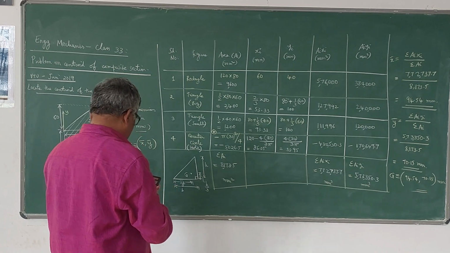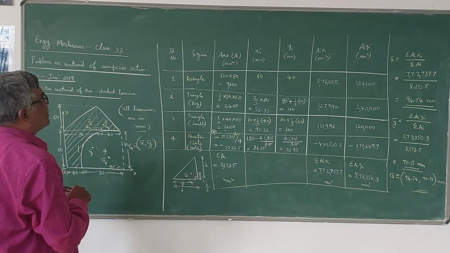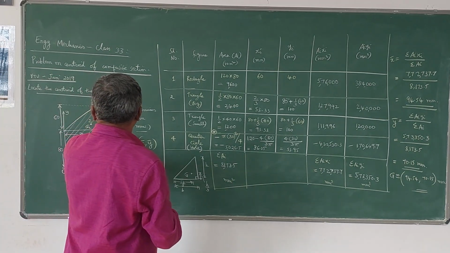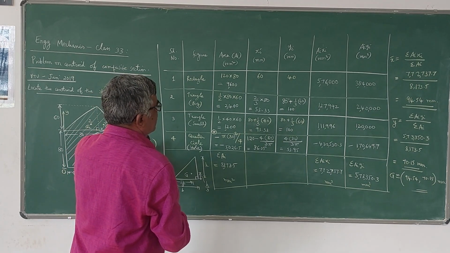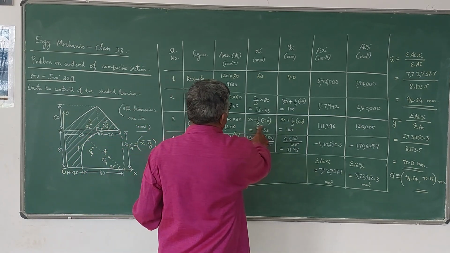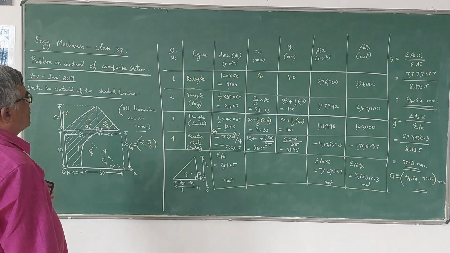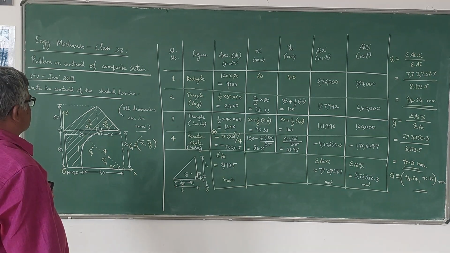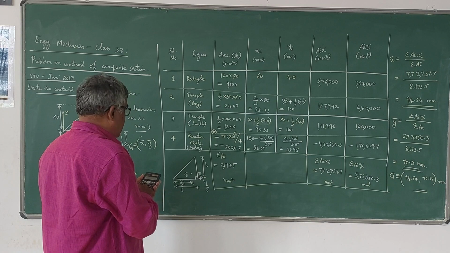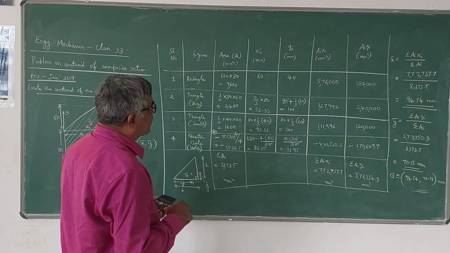Then 1200 into 80 plus 1/3 of 40, which is 13.33, so 93.33. The xi value for the third triangle, yeah, correct. So 1200 multiplied by 93.33, okay, 111996.